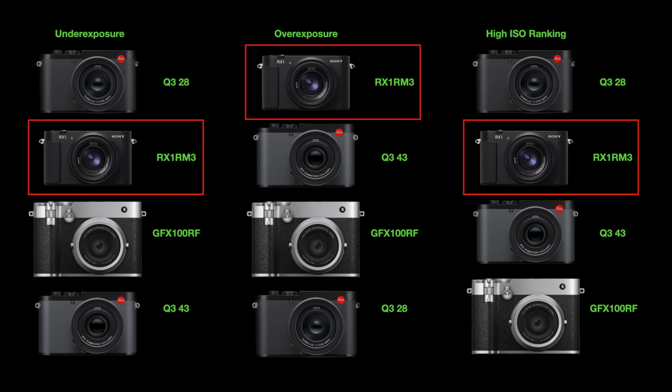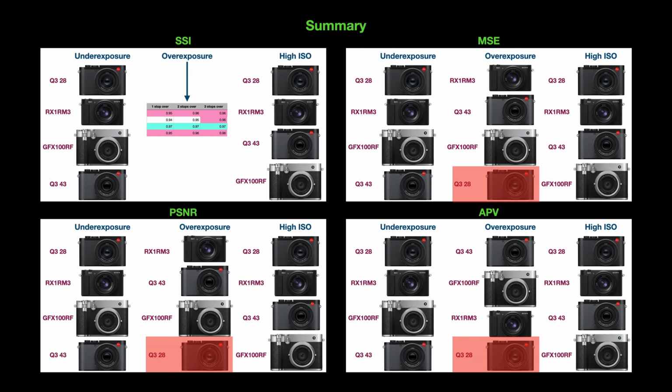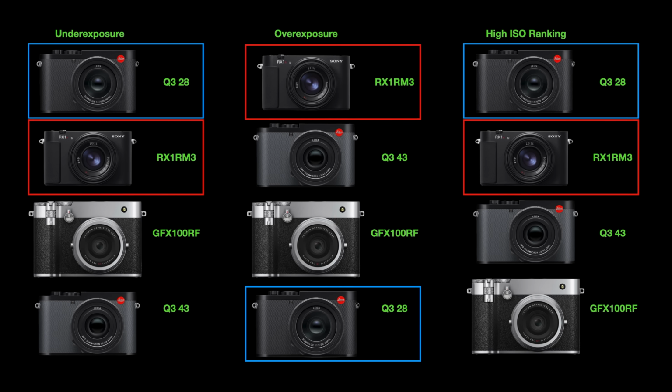But the Sony is number 2 in the two other categories. And if we go into the summary page I showed you before, we see that in overexposure, consistently in 3 out of 4 metrics, the Leica Q328 was actually ranking last or lowest. And that means that we have for the Sony an even more consistent behavior when it comes to sensor performance.